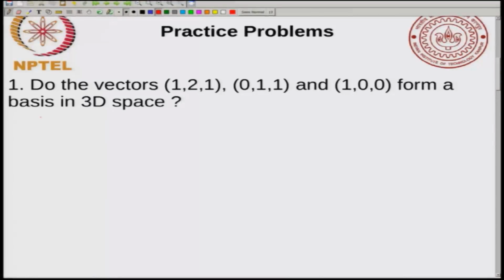In 3D space, you can have only 3 basis vectors. Now, there are many choices for basis vectors, but the condition for them to be basis vectors is that they should be linearly independent.